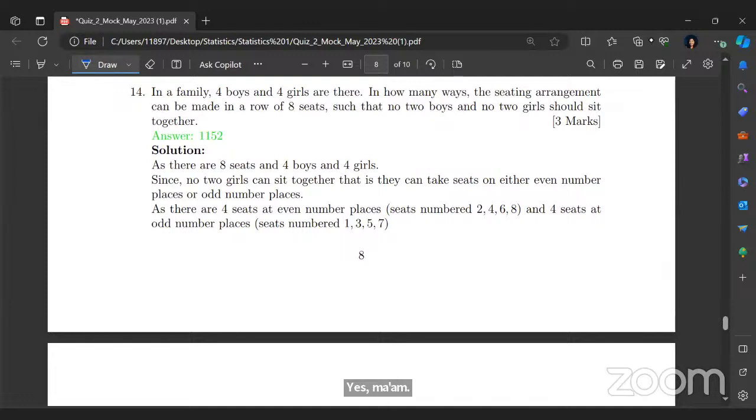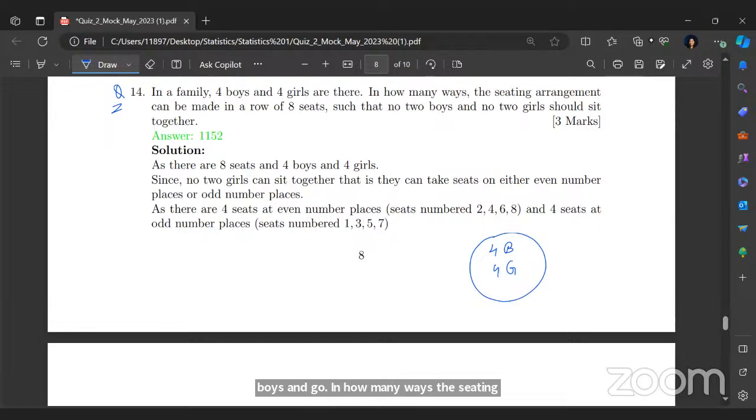Question number 14. In a family, 4 boys and 4 girls are there. In how many ways can the seating arrangement be made in a row of 8 seats?